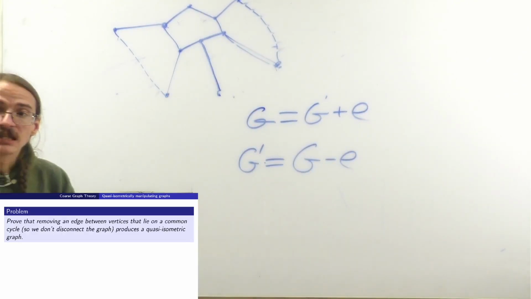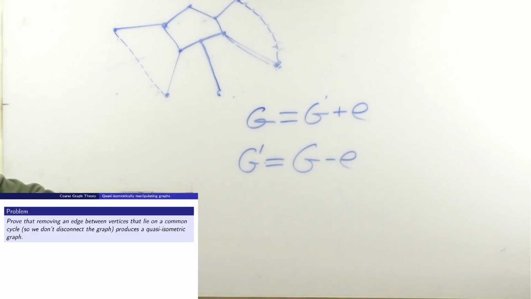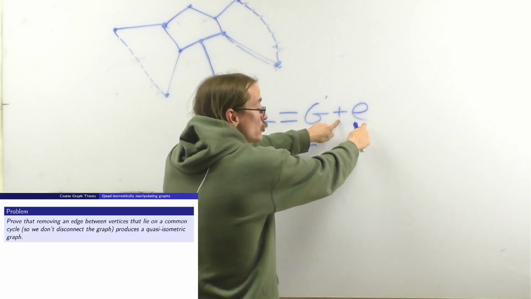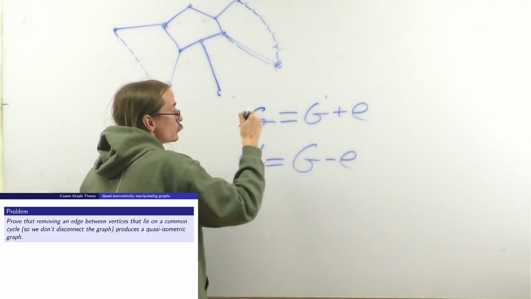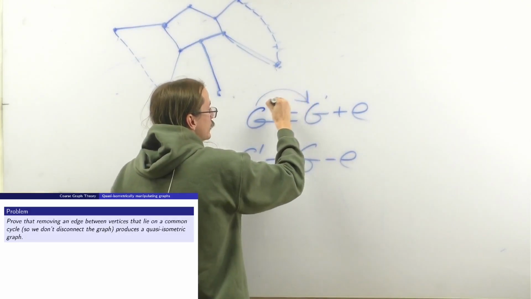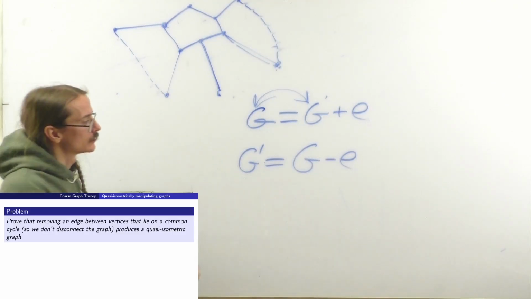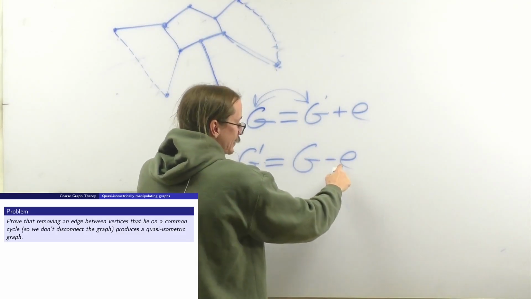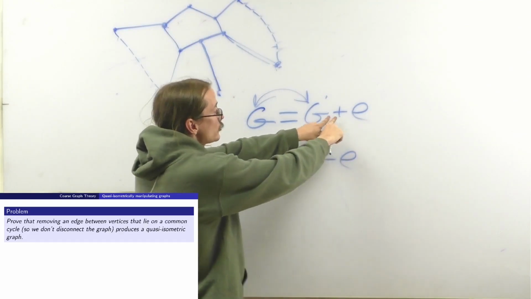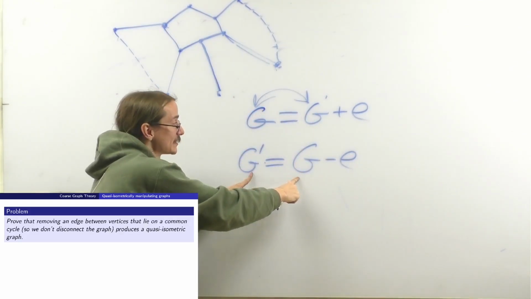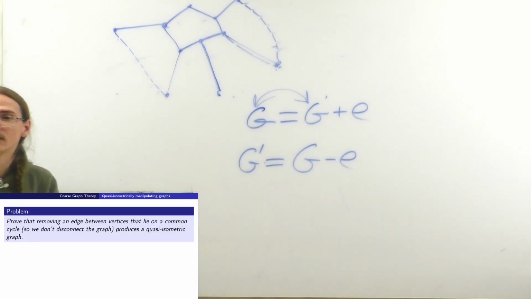And the last problem tells us that adding an edge means I can go quasi-isometrically back and forth here. So instead of removing an edge, I can think about adding an edge, and I can grab my quasi-isometries from there, and they still work here because this is the same G prime and this is the same G. Okay, great. Let's jump to the next one.